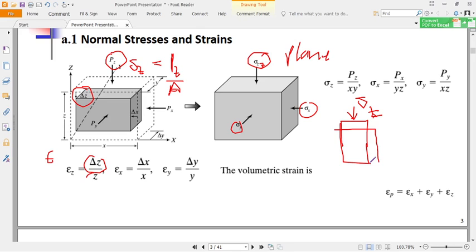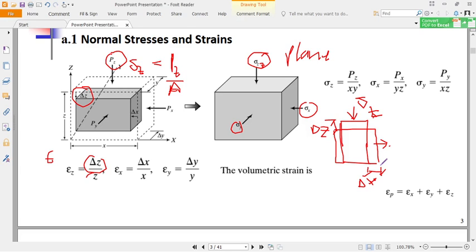So what do you observe? You see that there's a change in Y, there's a change in X, and also a change in Z. So how do we determine this strain?